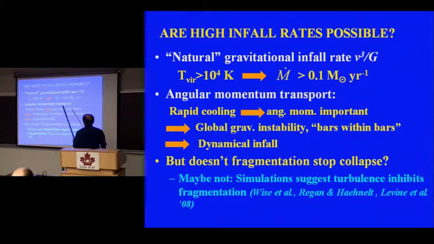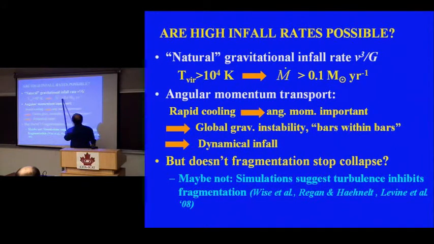So if you have an object with a certain virial velocity, and associated virial temperature, the natural gravitational infall rate, the one that determines the rate of star formation in the present-day universe, is the virial velocity cubed divided by G.